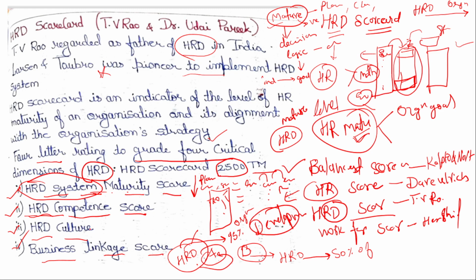Then comes the HRD Competence Score. Now, how is this competence score calculated? Here, competency refers to the extent to which your human resources or employees are competent enough to achieve the goals or the targets. So, if I have employees called A, B, and C, and A is able to achieve the goals to 80%, B to 70%, and C to 60%, who is more competent?